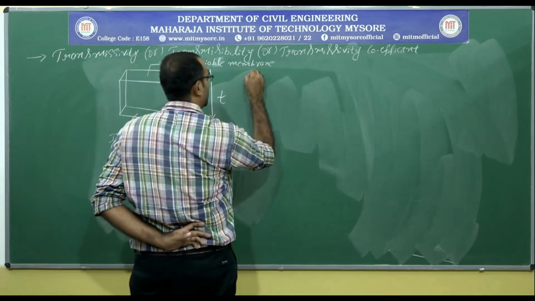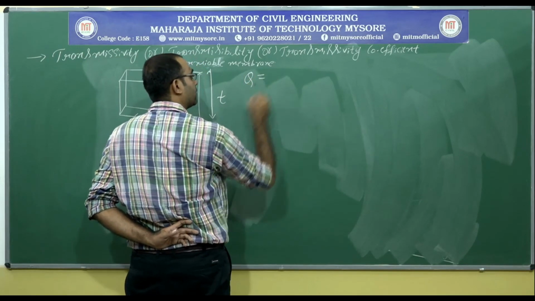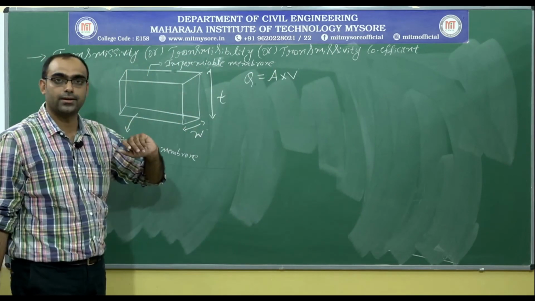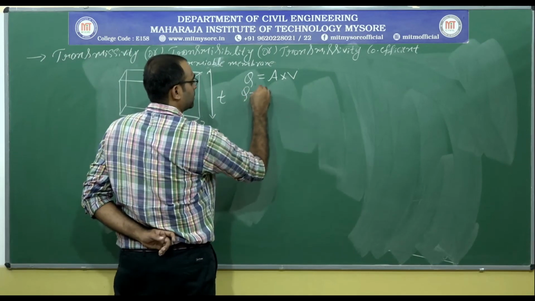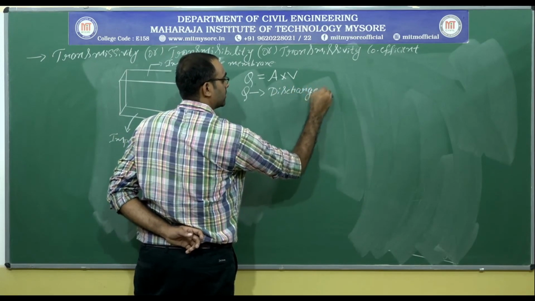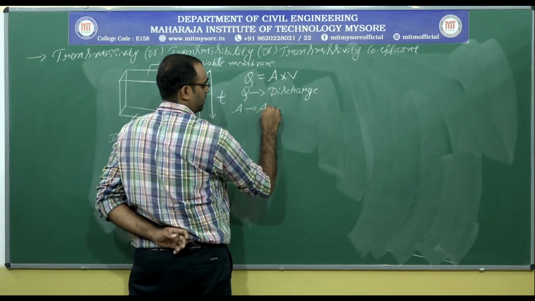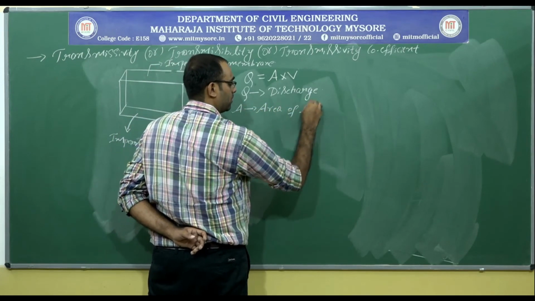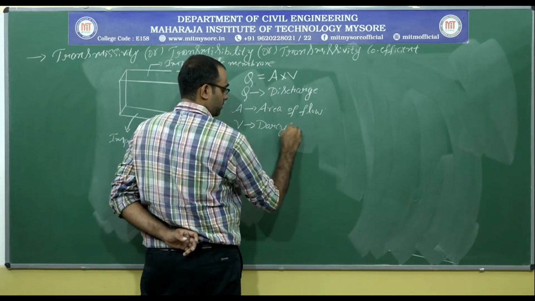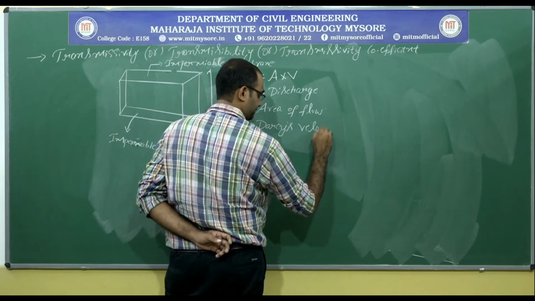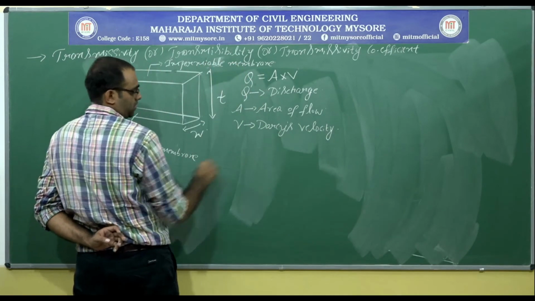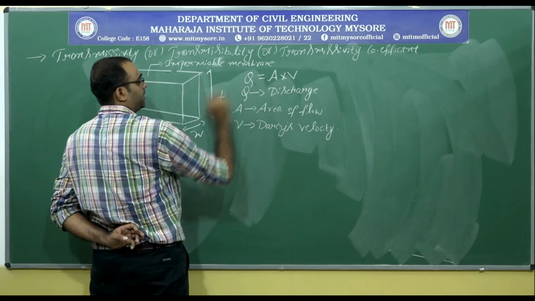As you all know, the equation for discharge through an aquifer is given by Q is equal to A into V. Okay, this is the basic equation for the discharge. Let's write the notation. Q is discharge, A is area of flow, V is Darcy's velocity. Okay. Now look here. How will you calculate the area of flow?